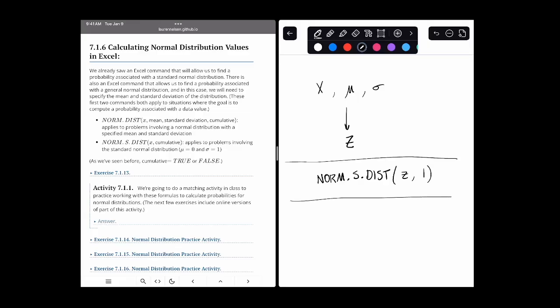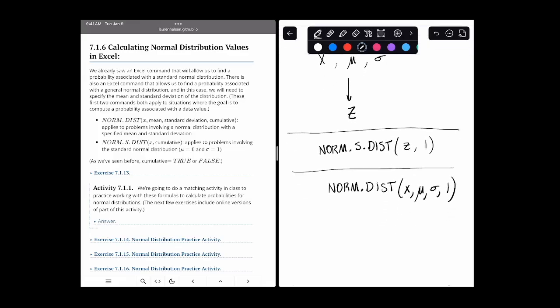Well, if I just have a general normal distribution and I don't want to convert to z-values, then I could just lose the .s and use norm.dist, and I could plug in the x that I want to go up to, and then I would need to tell Excel what my mean and standard deviation are. And then again, I would still want to use true for cumulative, or 1.